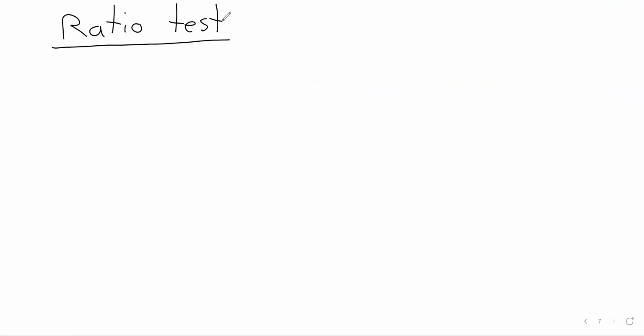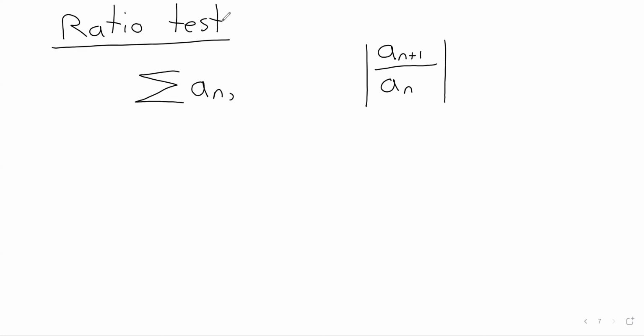The ratio test is gotten by looking at a ratio. In particular, the ratio test is going to involve looking at ratios that look like that: a sub n plus 1 divided by a sub n.